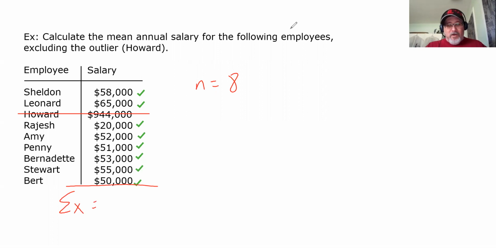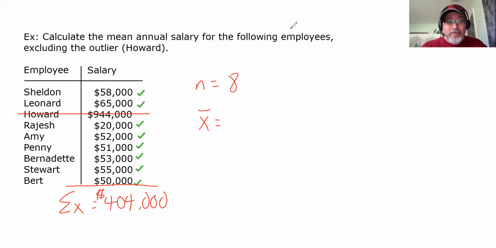What's the sum now? Well, all I have to do is take the previous sum and subtract 944,000 to give 404,000, if we get rid of Howard's salary in this calculation. And notice that Howard makes twice as much as everybody else combined. Interesting.